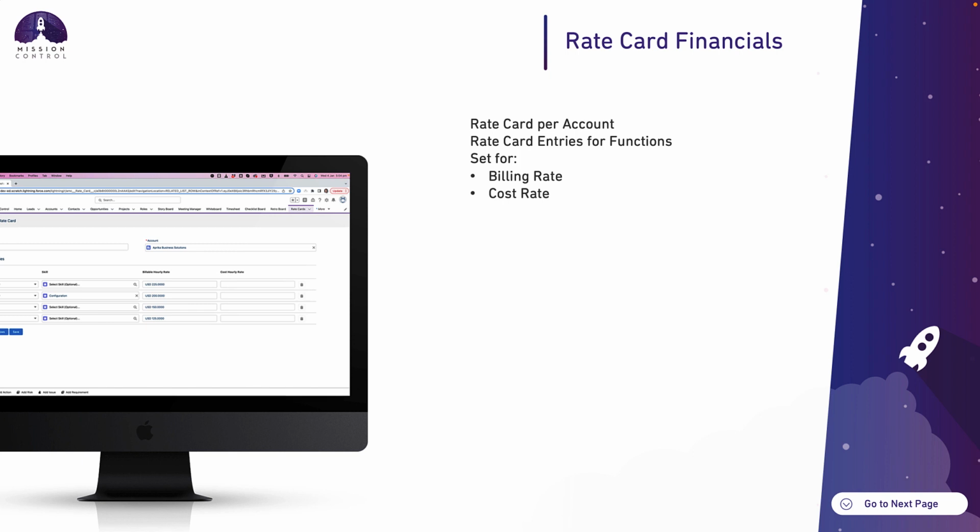So rather than having to go into detail for each individual person, you can set the rates for functions, and then that same function field is available on the role record, so you can attribute each of your roles to a particular function. So, for example, if Colin, Mick, and Kelly they all have the function of project manager, then they would all use the project manager rates within the rate card. So those options exist for both the billing rate and the cost rate.